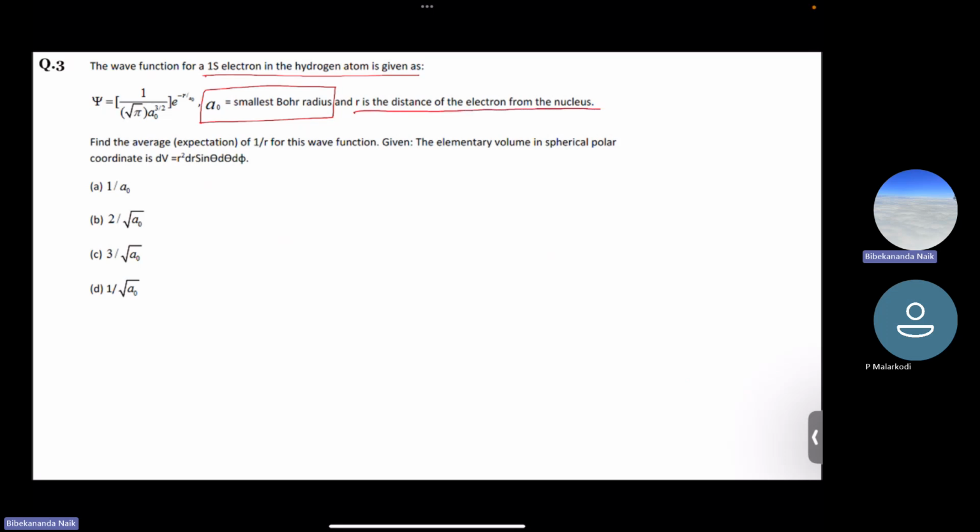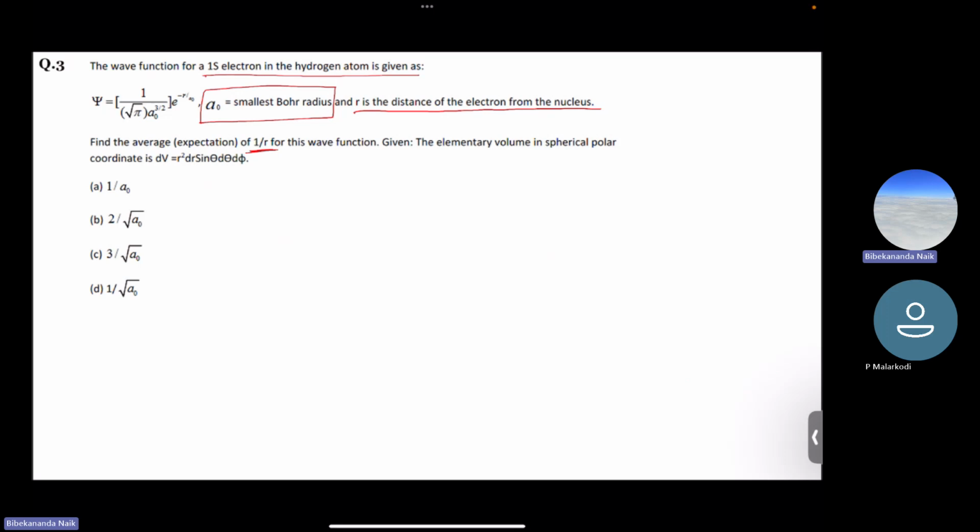Now find the average or expectation value of 1 by r for this wave function, given that the elementary volume in spherical polar coordinates is dV equals r squared dr sin theta d theta d phi, where the options are option A 1 by a0, option B 2 by root a0, option C 3 by root a0, and option D 1 by root a0.